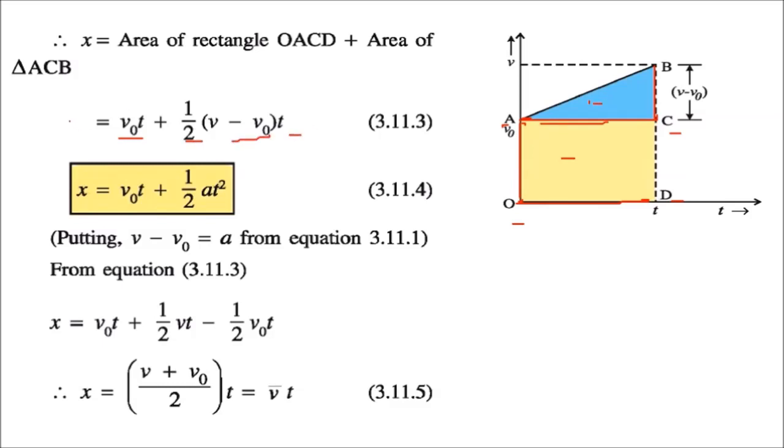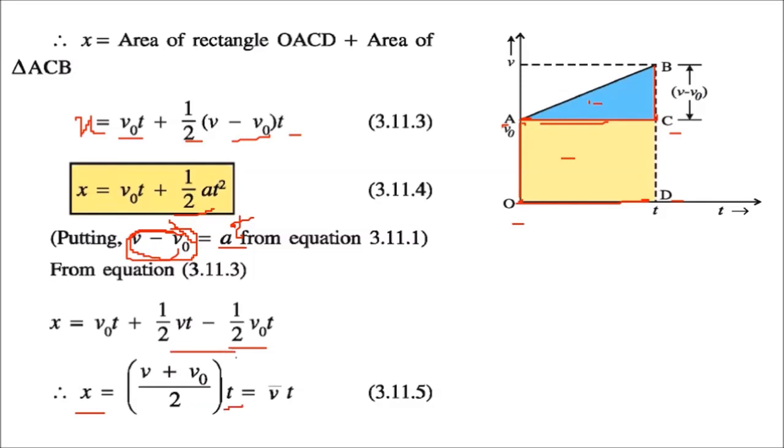Let us say this is x, the displacement, and let us rearrange it. We know that v minus v0 is equal to at, from the previous equation. Putting it here and solving, we get x equal to v plus v0 by 2 into t.